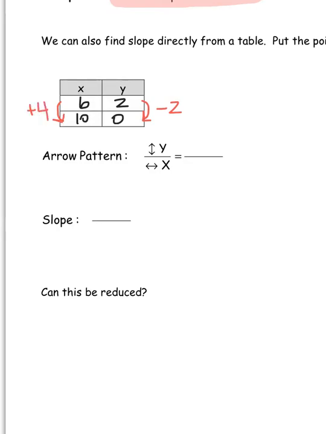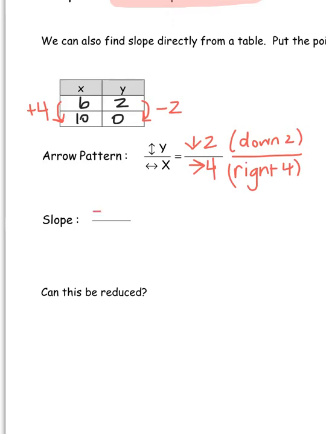How can we make this into an arrow pattern? Up or down really means, are we adding or subtracting? We are subtracting 2, which means down 2. In our x column we're adding, which means right 4. So I'm going to write here down 2, right 4. That means my slope: down arrow means -2, right arrow means +4.